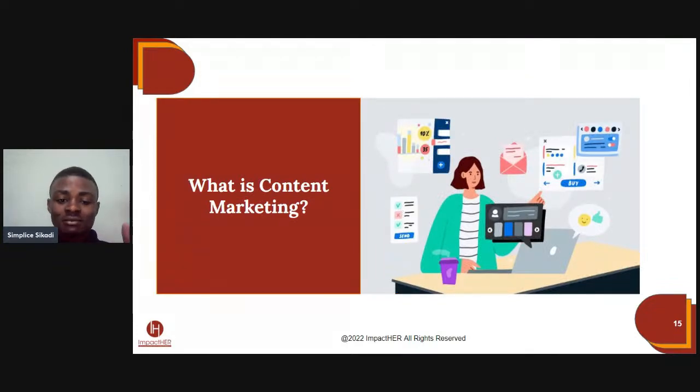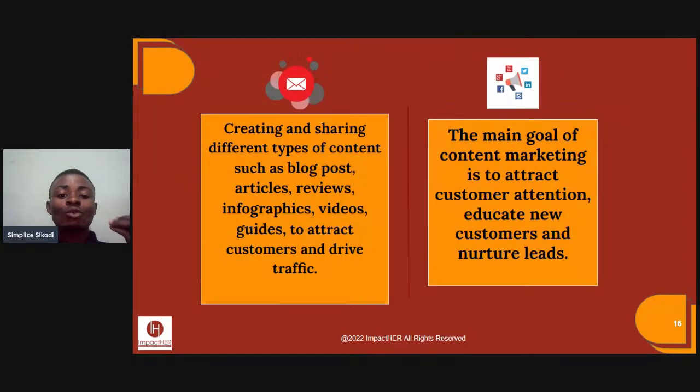What is content marketing? When we say content marketing, what do we mean? Content marketing is creating and sharing different types of content, such as blog posts, articles, reviews, infographics, videos, guides, to attract customers and drive traffic.